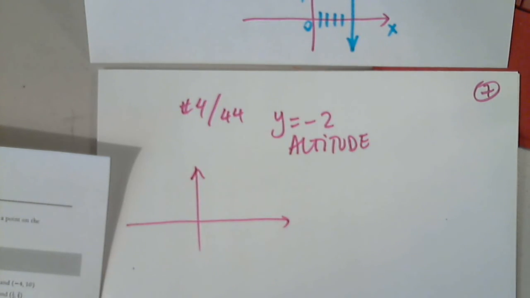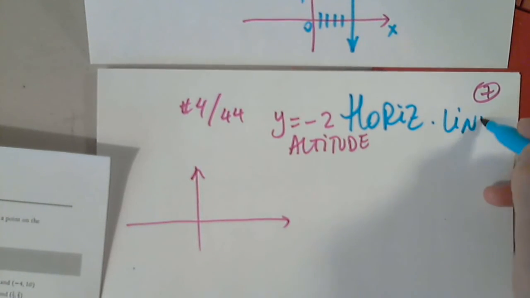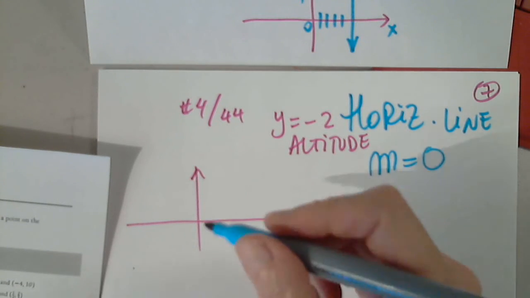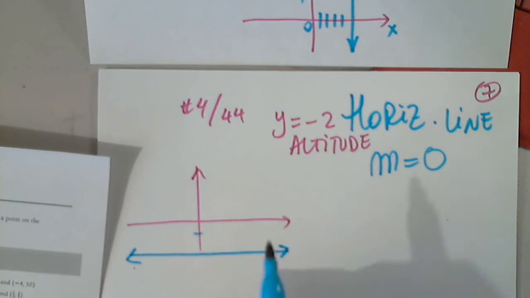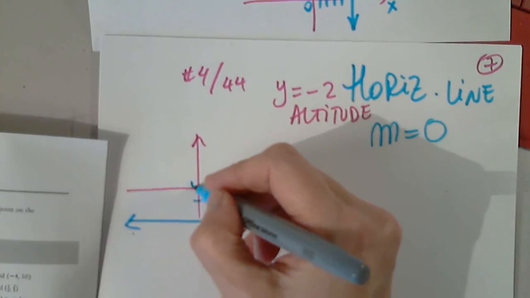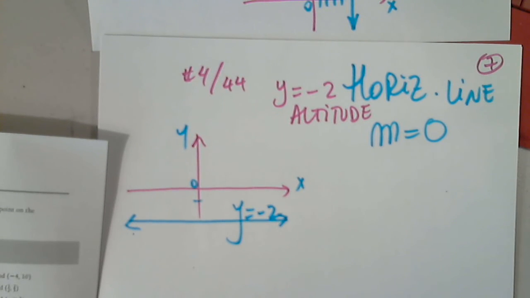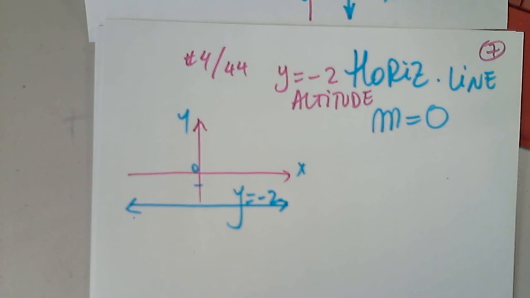So it's a horizontal line, and the slope of a horizontal line is 0. So at -2, here's the graph. y equals -2. It shows altitude, not position. But now if you want to select, please feel free anytime.